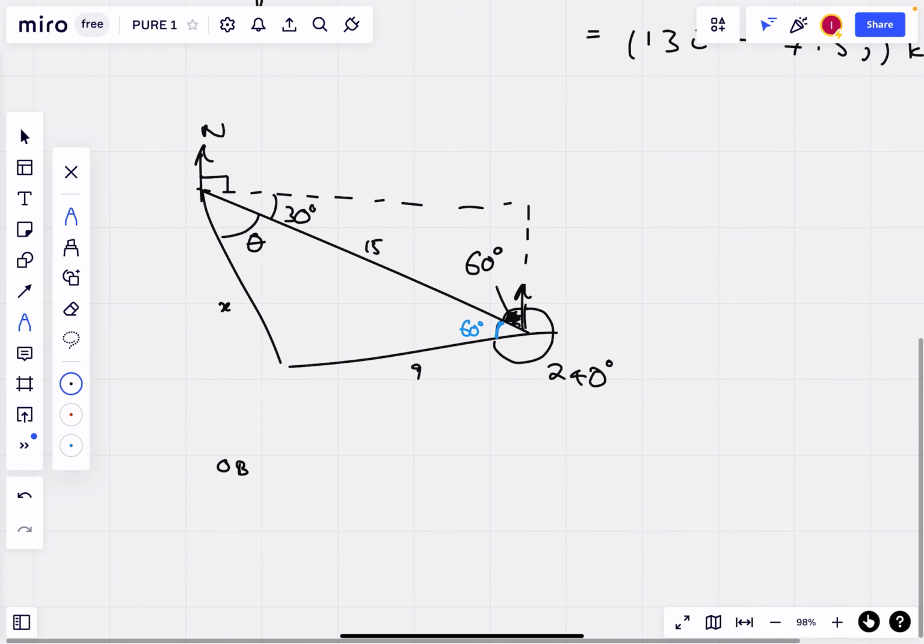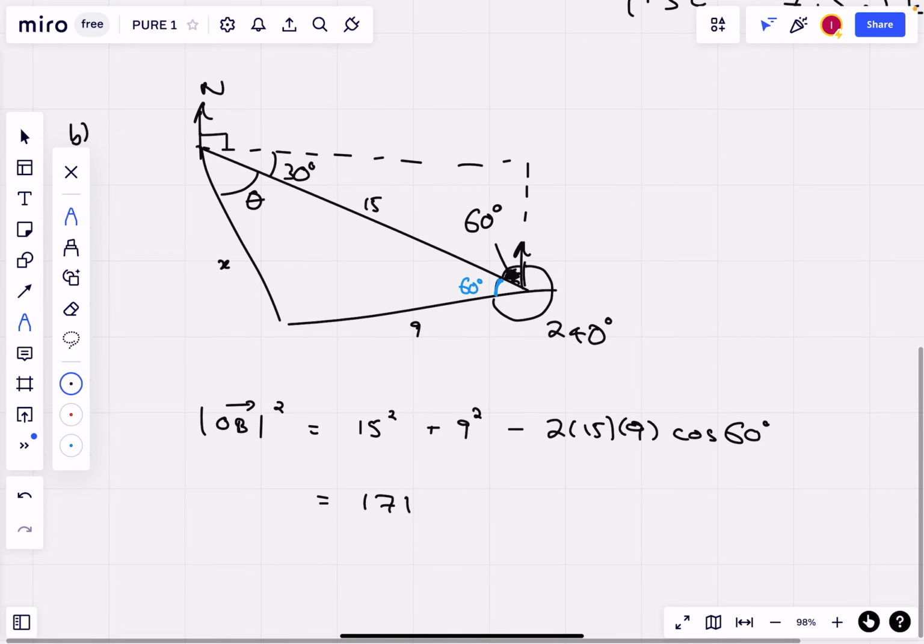So OB squared is equal to 15 squared plus 9 squared minus 2 times 15 times 9 times cos 60 degrees. This gives us 171, and then we do the square root of 171, which is our magnitude of OB, so 13.1 kilometers.